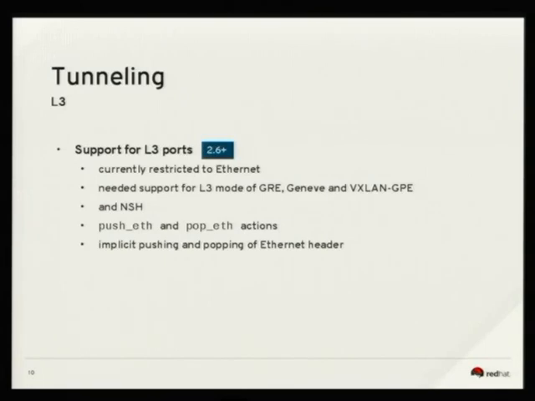or Geneve or other stuff in L3 mode, which means that inside the tunnel, in the inner headers, there's no Ethernet header. So you take just an IP packet without the Ethernet header and encapsulate that inside VXLAN GPE or Geneve or whatever, and then possibly add an NSH header between VXLAN GPE and the actual payload.